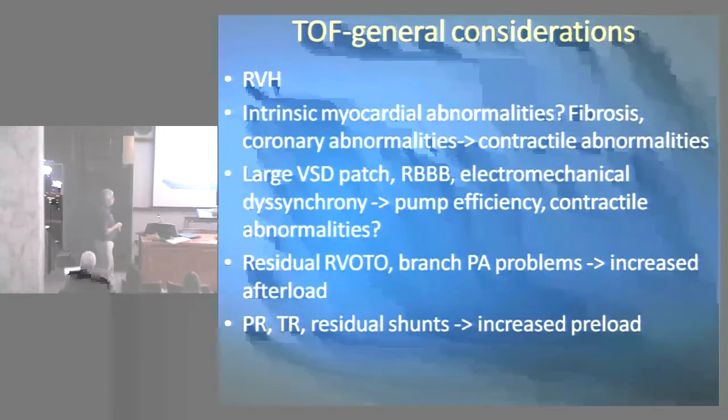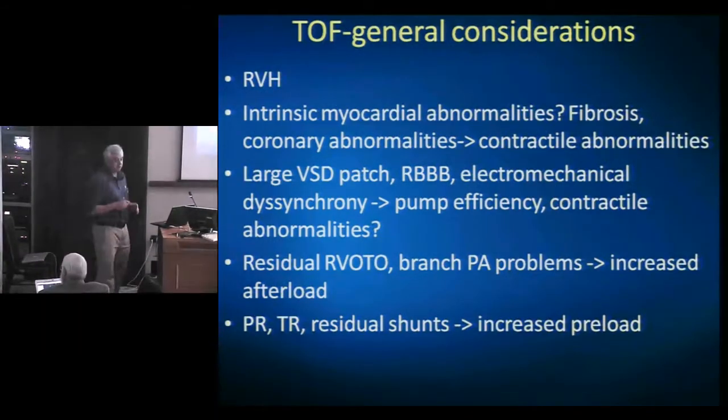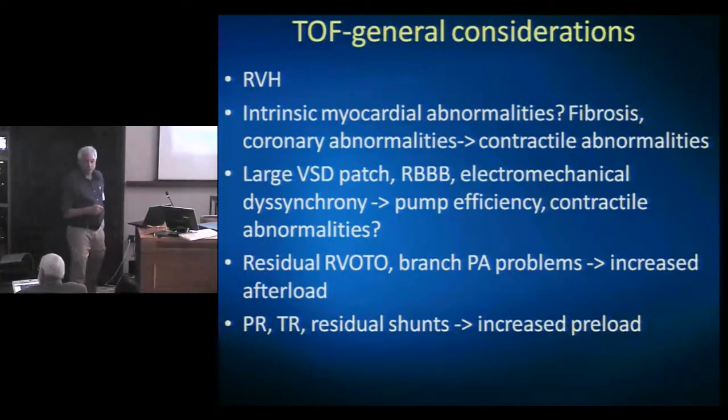There are many potential reasons why Tetralogy of Fallot patients can have decreased function that lead to these issues. Some of this might be related to right ventricular hypertrophy. There might be intrinsic myocardial abnormalities. Studies have shown fibrosis. We've heard about coronary abnormalities.